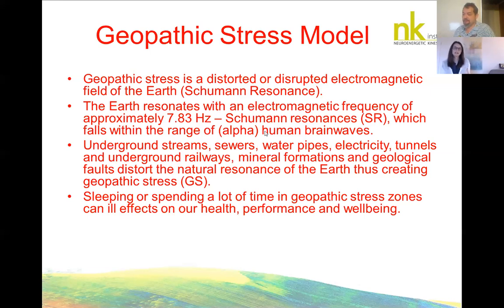Und diese Frequenz 7,83 Hertz fällt ja quasi in die Alpha-Wellen, unsere Alpha-Gehirnwellen des Menschen. Und wenn quasi hier Stress auftritt, dann haben wir quasi direkt Stress mit unseren Alpha-Wellen und vielleicht auch mit unseren Gehirnaktivitäten in diesem Sinne. Okay.